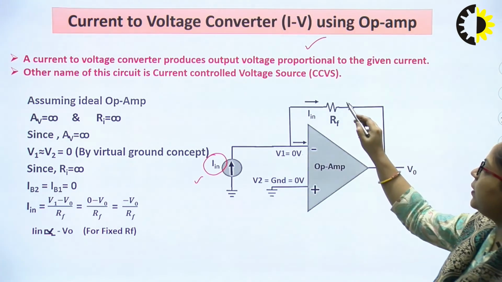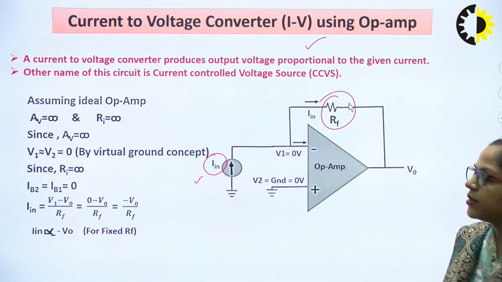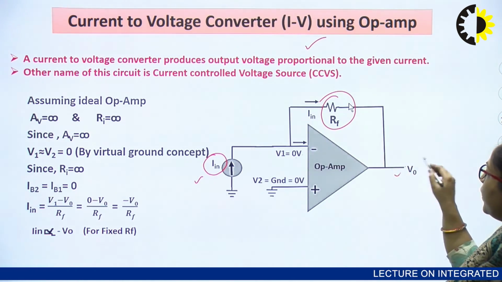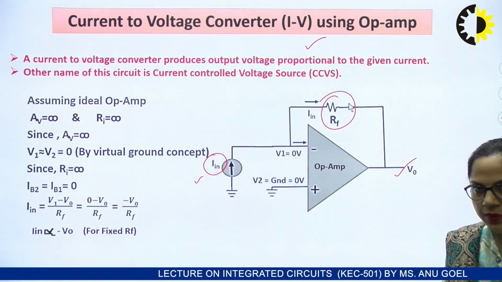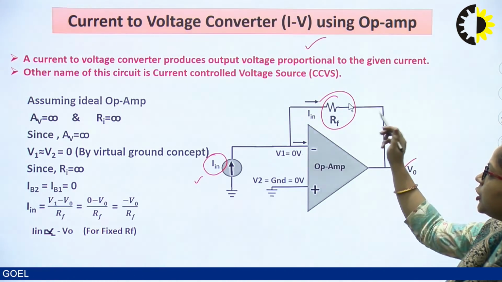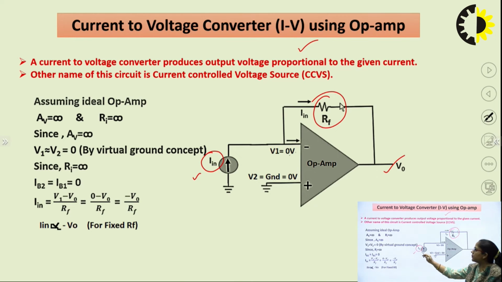Further, in the feedback path, we have connected our load resistance RF, across which we will calculate our output voltage. If we are capable of showing that this output voltage is proportional to I in, we can say that the circuit is behaving like an I to V converter.